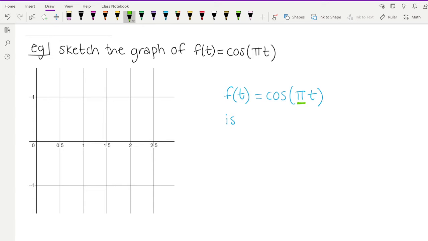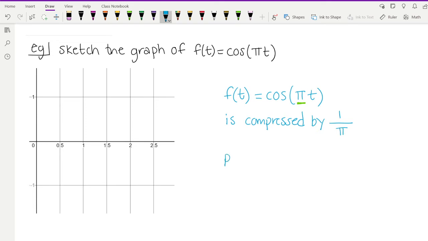And so that tells us that we want to take the reciprocal of that. So that would be 1 over pi. And if you think about it, pi is bigger than 1, right? So it's going to be compressed. So 1 over pi is going to be making the function smaller in the horizontal direction. So this is compressed by a factor of 1 over pi.